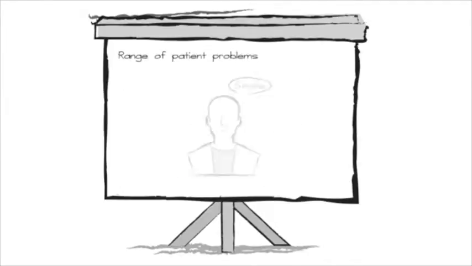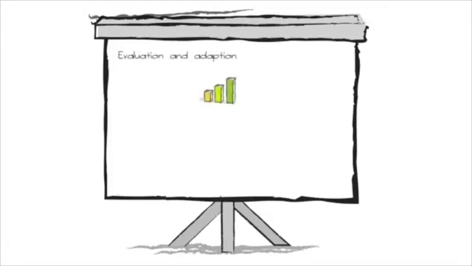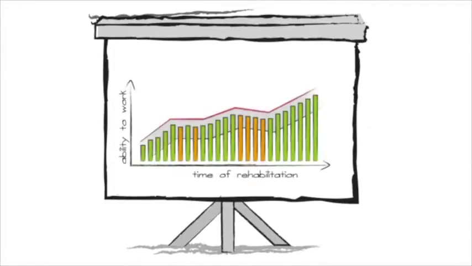As you know, the range of patient problems is enormously varied. After evaluation of the therapy results, there may be a need to adapt a therapy module to greater benefit the patient. The automatic adaptation works great, but if required, you can fine-tune the parameters to enhance training for your patient.